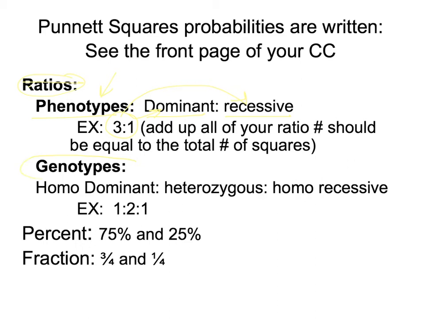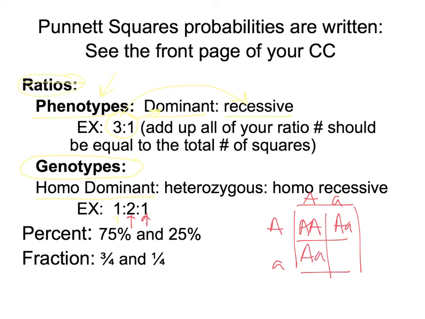When we are reporting out genotypes, we always report out the homozygous dominant first. So that'd be one homozygous dominant, the heterozygous second, and then the homozygous recessive third. So if I just quickly do this, this would explain this particular ratio. I have one homozygous dominant, and that's my one there.